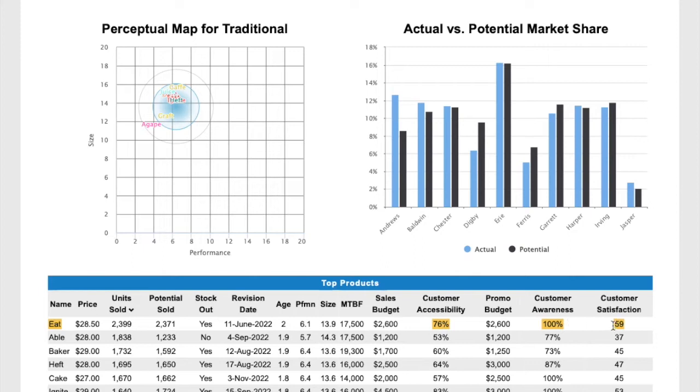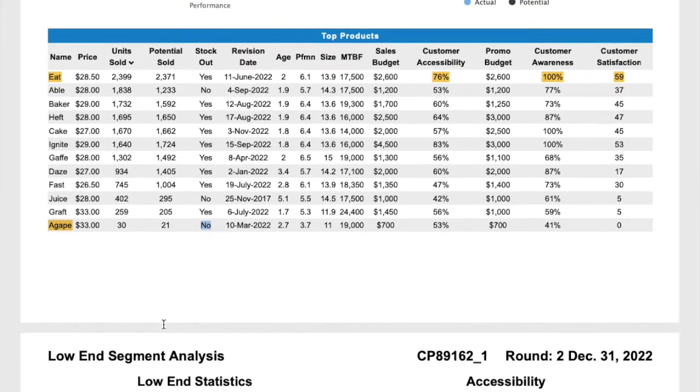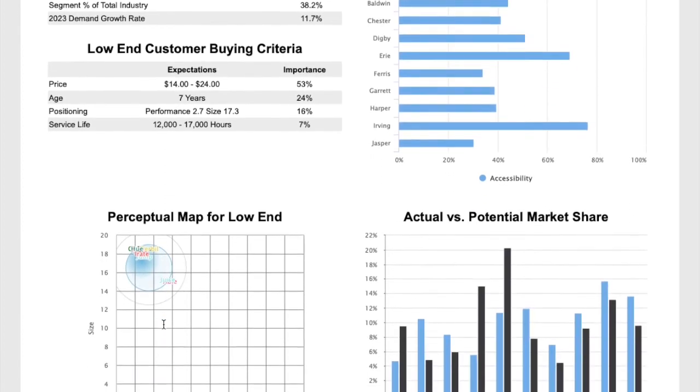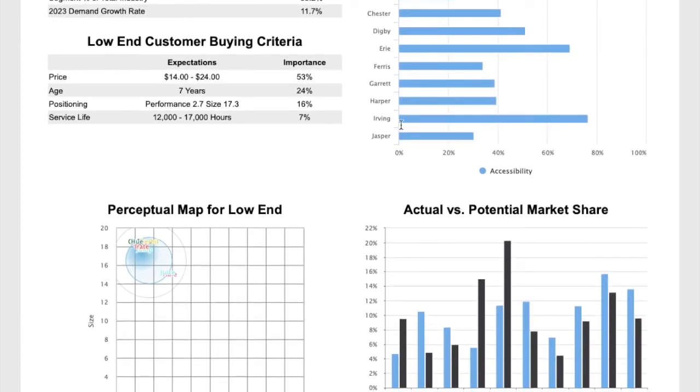Compared to last round, this product's customer satisfaction has actually improved a lot. So that's why finding the ideal spot and having high customer accessibility and customer awareness will help you sell more. Okay, so this is the traditional product, and in low end, we can see Team Ivory has the most sales.